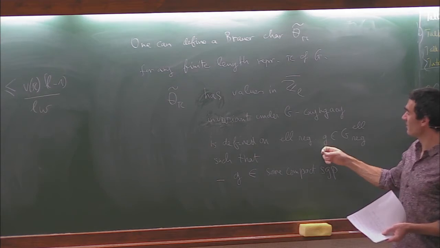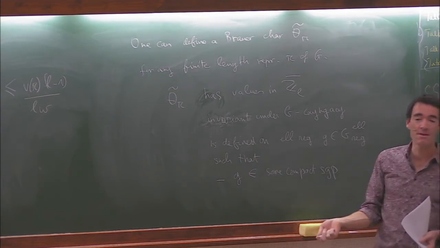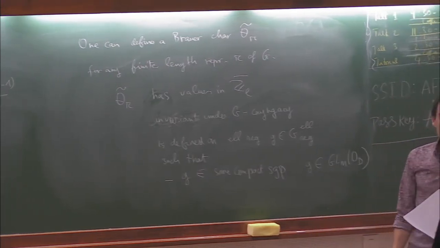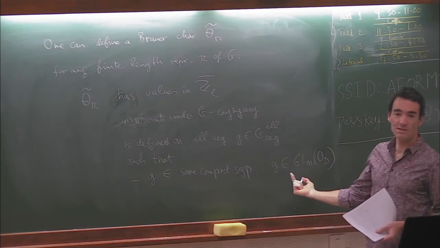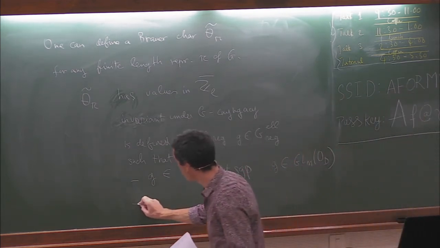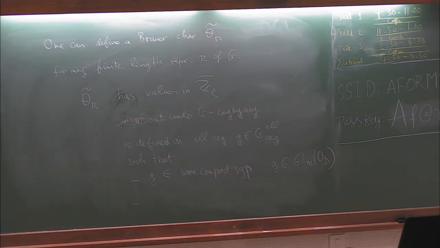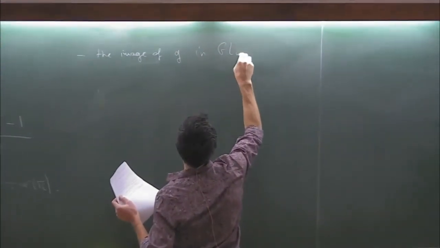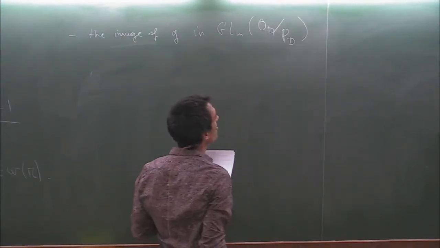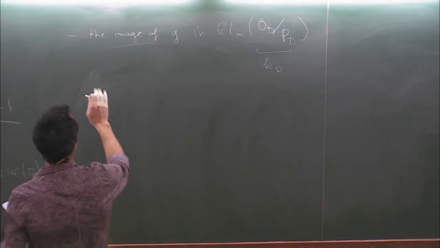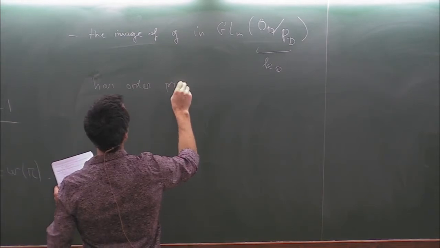So since we are only interested in the conjugacy class of G, up to conjugacy, we may assume that such a G is contained in the maximal compact GLM of OD, the ring of integers of D. So once G is in this maximal compact subgroup, we can reduce mod the maximal ideal of D. And so the second condition is that the image of G in GLM of OD mod its maximal ideal, which is a finite field of characteristic P, has an order which is prime to L.